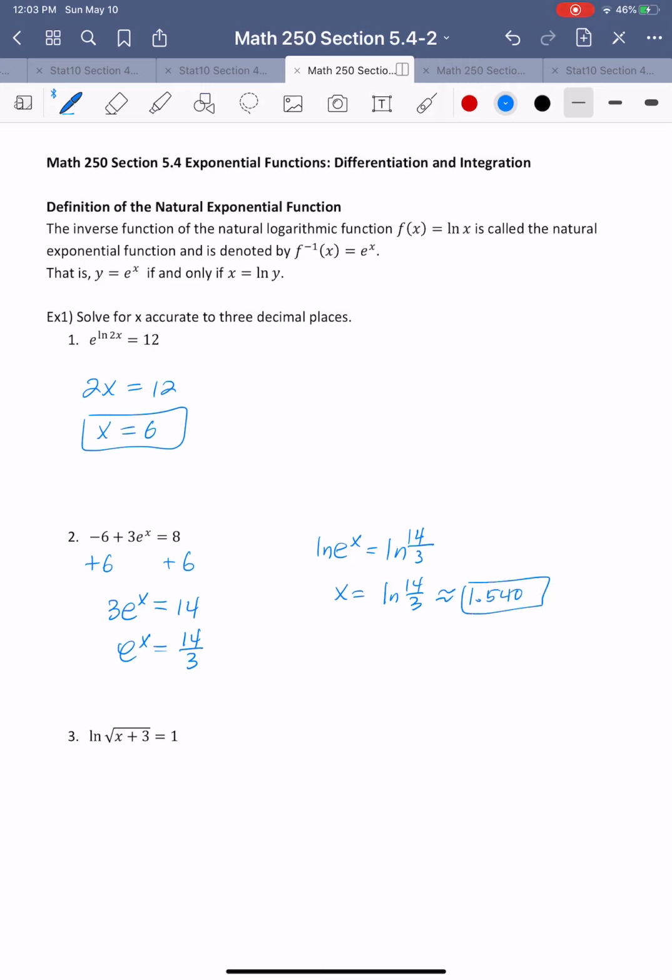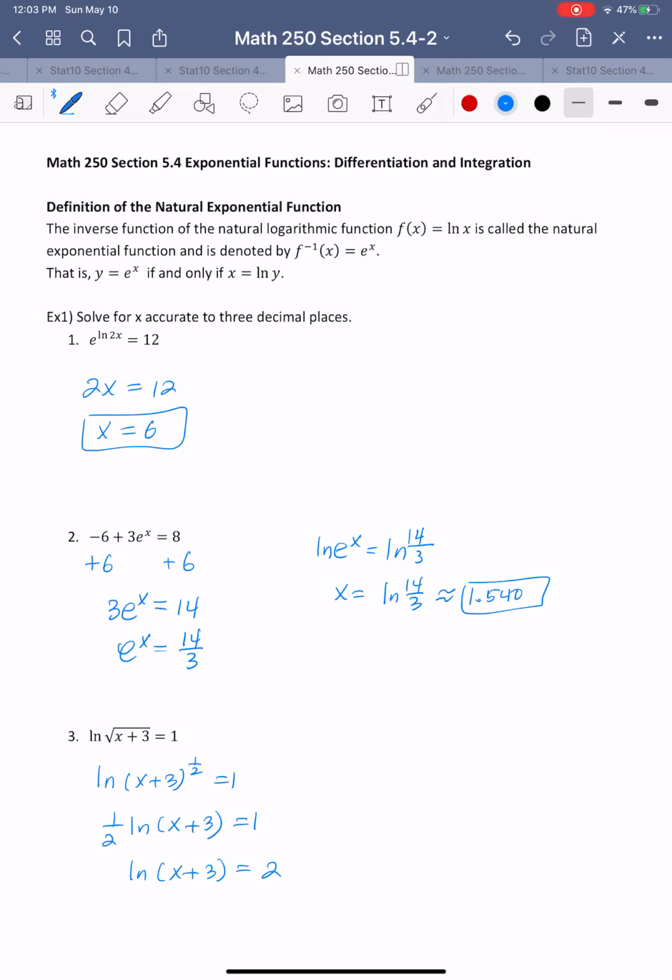Alright, for this one, you can put the e on both sides if you want, or you can do it this way too. This is actually the same as ln of x plus 3 to the half power. You can pull out the half, so half of ln of x plus 3 equal to 1, which is the same as ln of x plus 3 equal to 2.